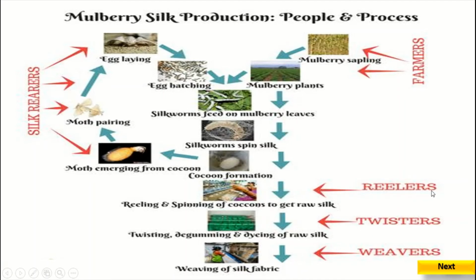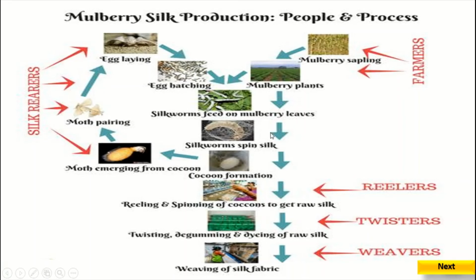They are reeled by reelers, twisted by twisters, and woven by weavers. Here the silk rearing is done: moth pairs lay eggs that hatch into silkworms. These are silk rearers, and these are the farmers who grow mulberry leaves.